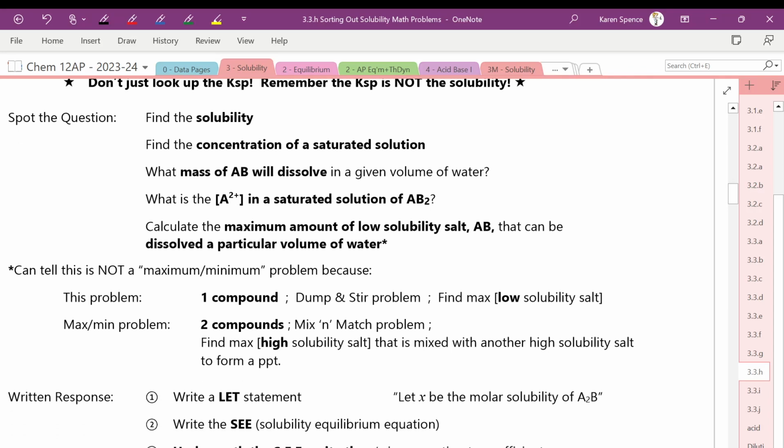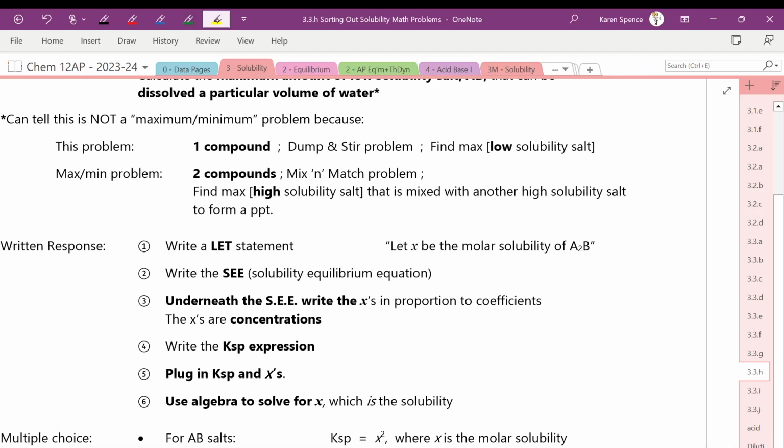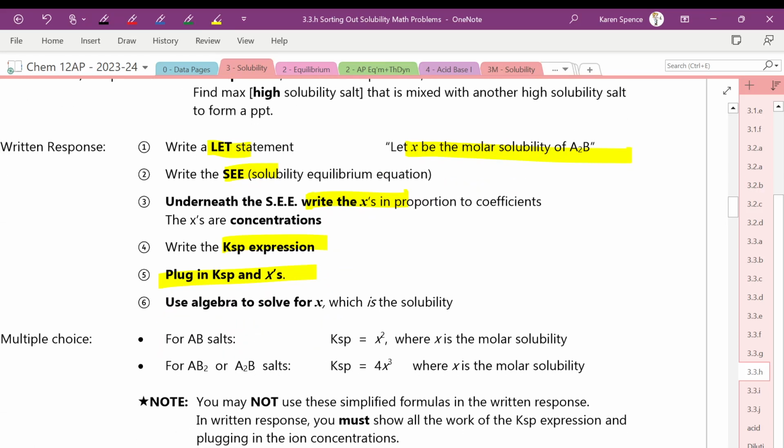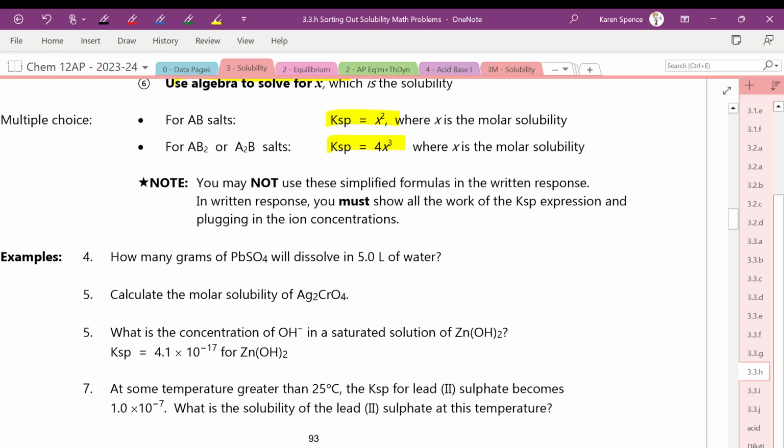So we have 1 compound. If you're doing a written response, you need to write a let statement. Let X be the molar solubility of AB, whatever it is. Write the C, write the X's, write the KSP, plug in the KSP and X's, and use algebra to solve for X. For multiple choice, just use KSP equals x squared or KSP equals 4x cubed.